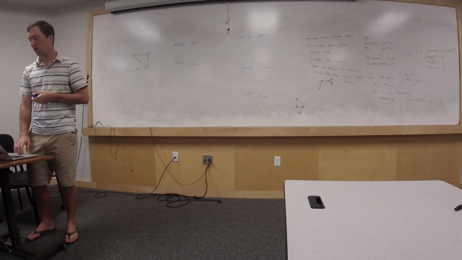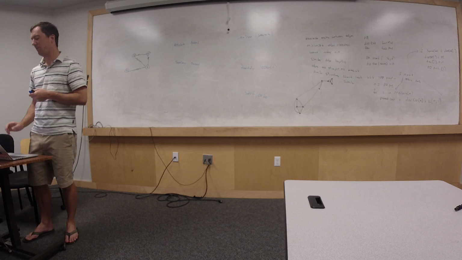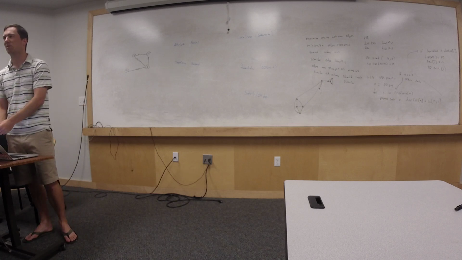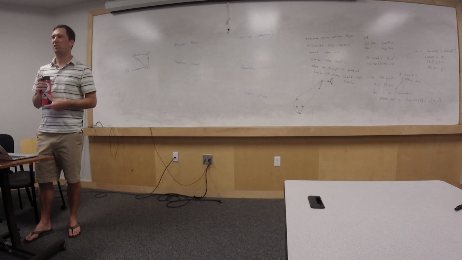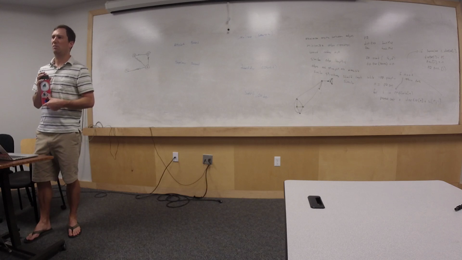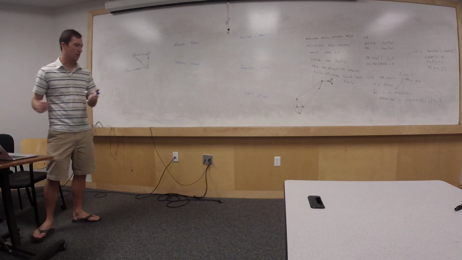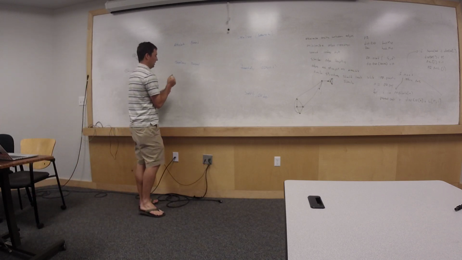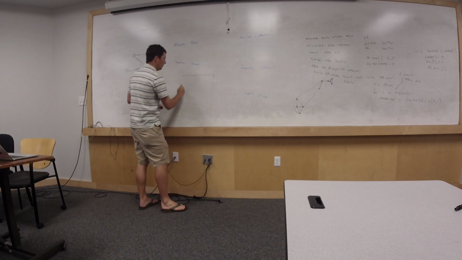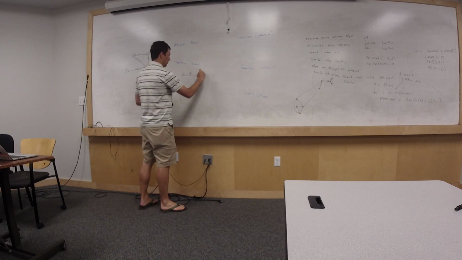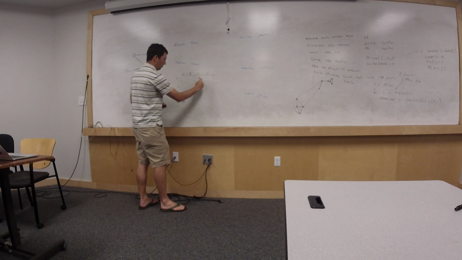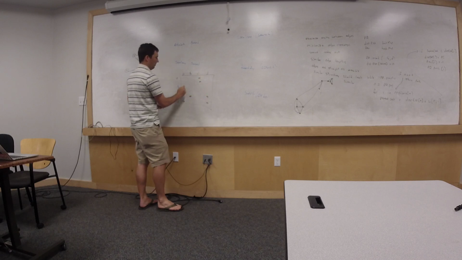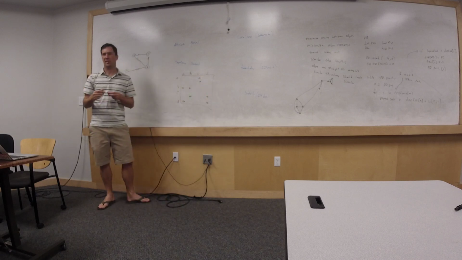Okay. So the next group of representations we'll talk about are the matrix representations. The idea here is that we're actually just going to draw the adjacency matrix, which we talked about yesterday. The adjacency matrix just says which edges exist.